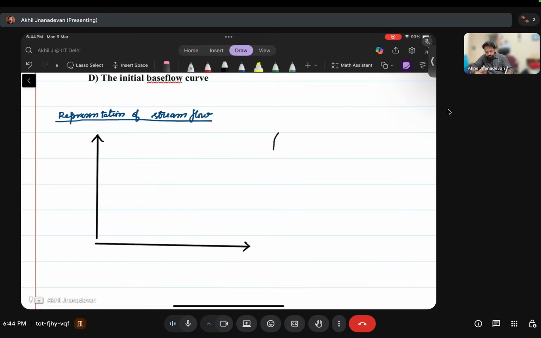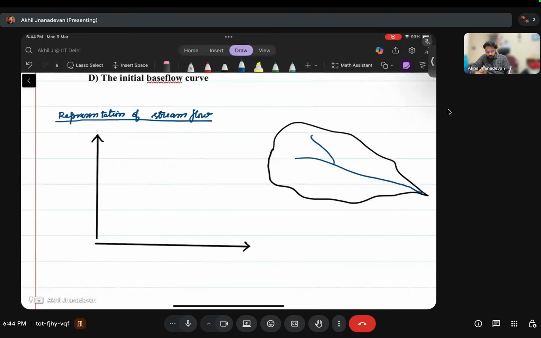So we show a catchment in this way, a shaped catchment. We have different orders of streams that we already saw in the previous lecture. Right. So this is the outlet point.